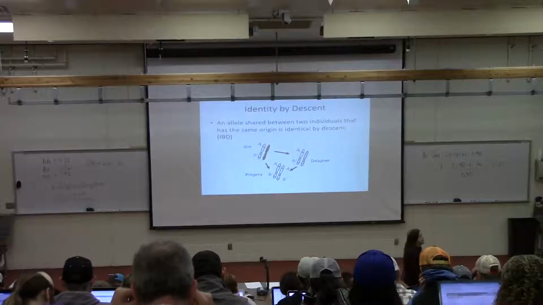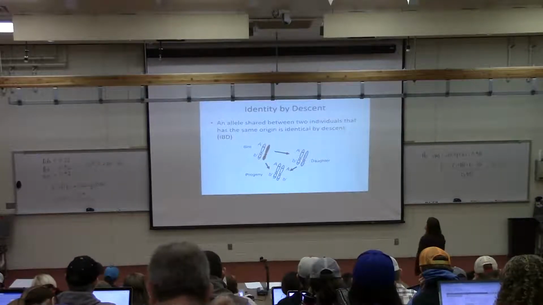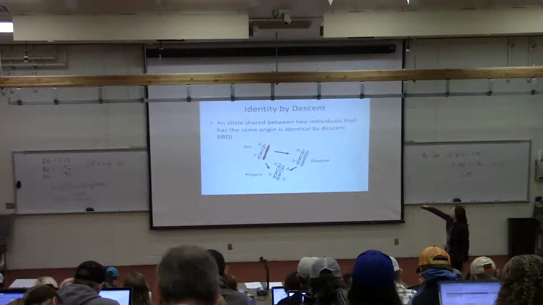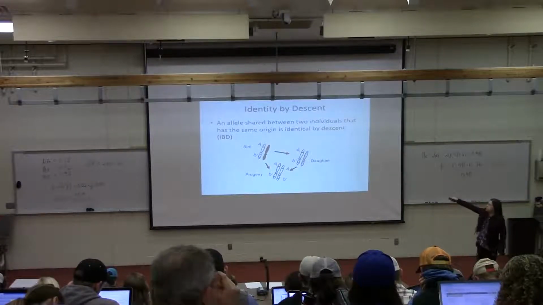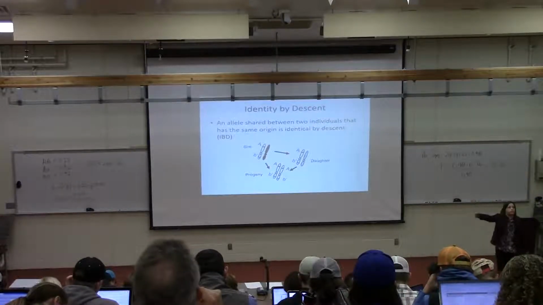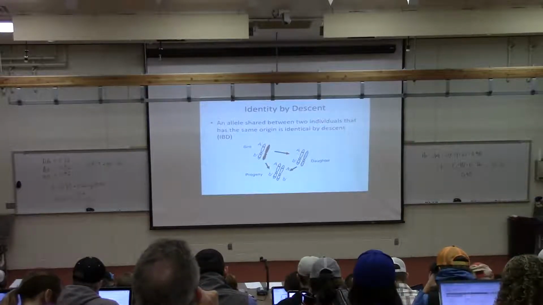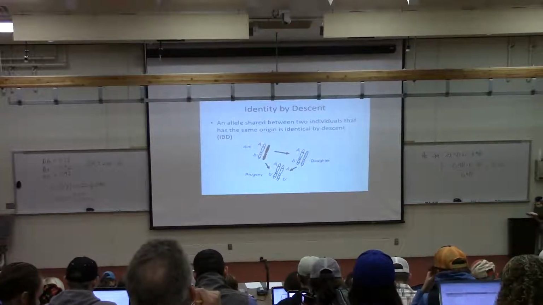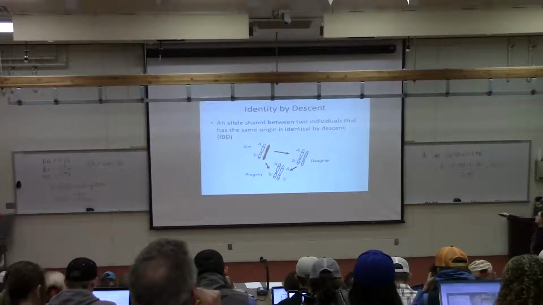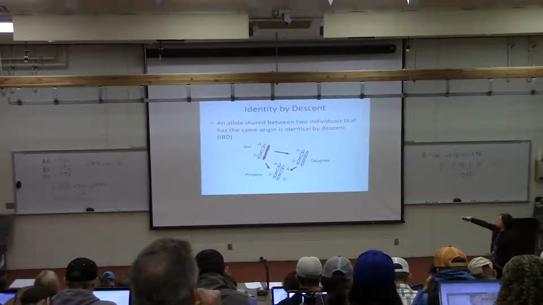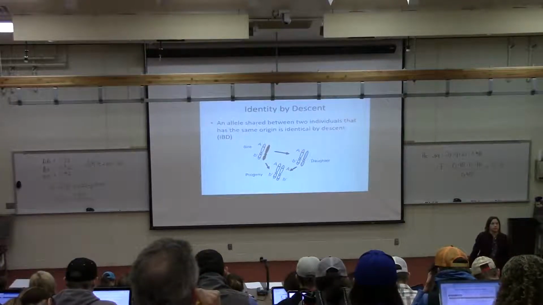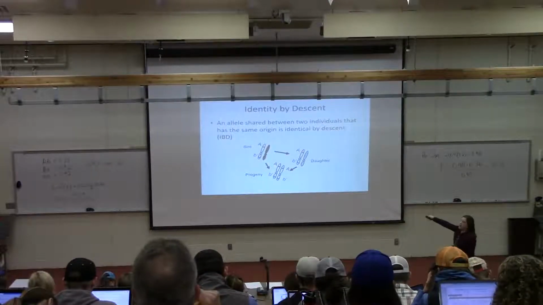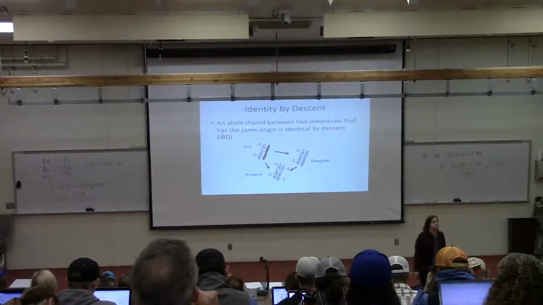So let's define that. An allele is identical by descent if it has the same origin from both of those parents. So in our example from before, that sire had that big A allele. He gave it to his daughter, and this progeny is who we're interested in. That progeny's big A allele came from that sire originally, right?